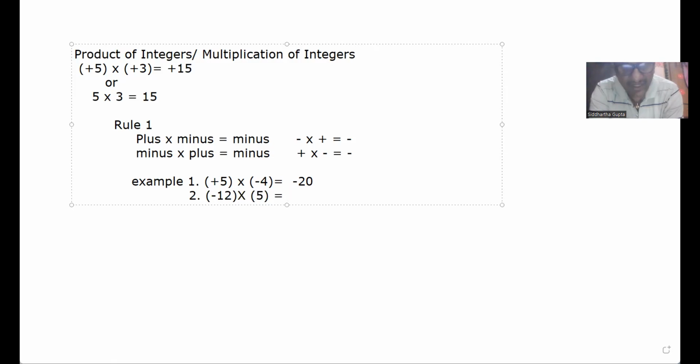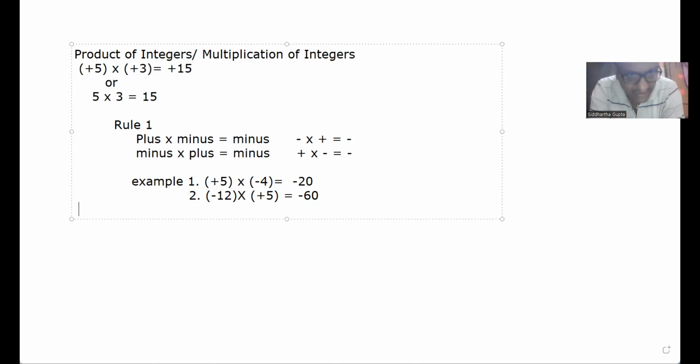Minus 12 into 5 is always 12 into 5, which is 60. And I put this plus sign in case you are confused; plus is there by default. So minus and plus, the symbols are different, so we only put the negative sign. This is rule number 1. I hope this is very easy. You don't need to be confused.